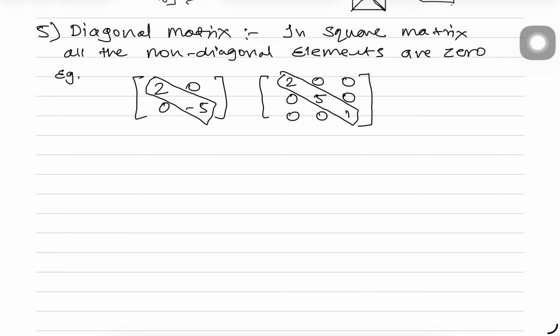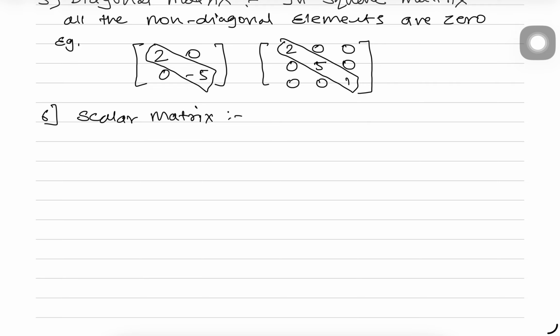Next, the scalar matrix. A square matrix A of ij is called a scalar matrix if its non-diagonal elements are 0 and diagonal elements are the same.